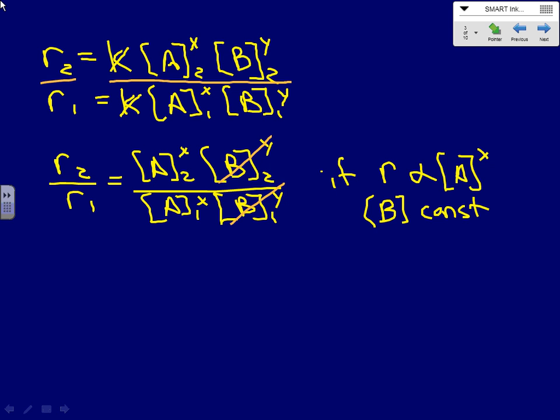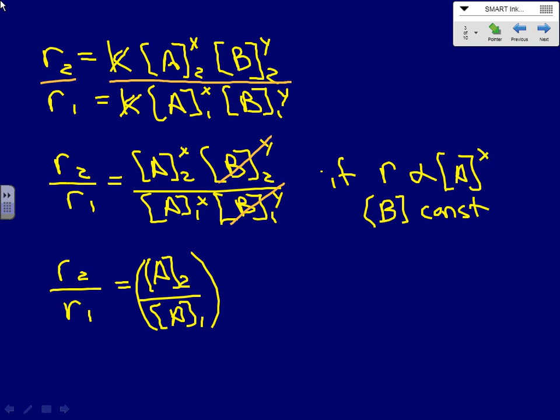And therefore, I now have an expression of rate 2 over rate 1. And again, I can take that exponent x out of the brackets here. I can put it outside of some brackets. Concentration of A2 over the concentration of A initial 1, to some exponent x.